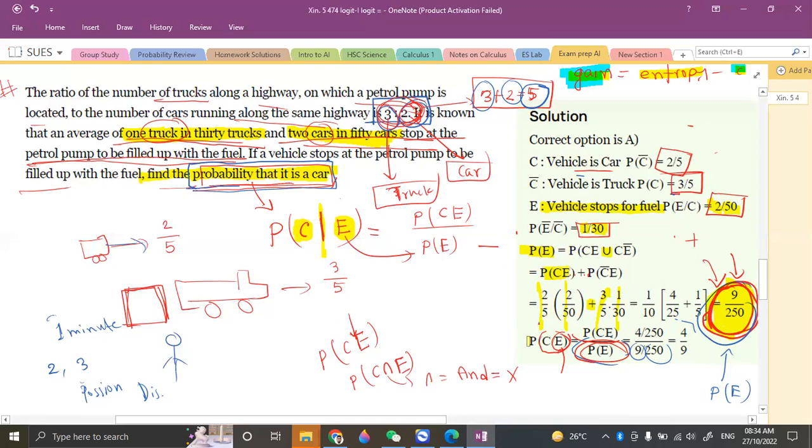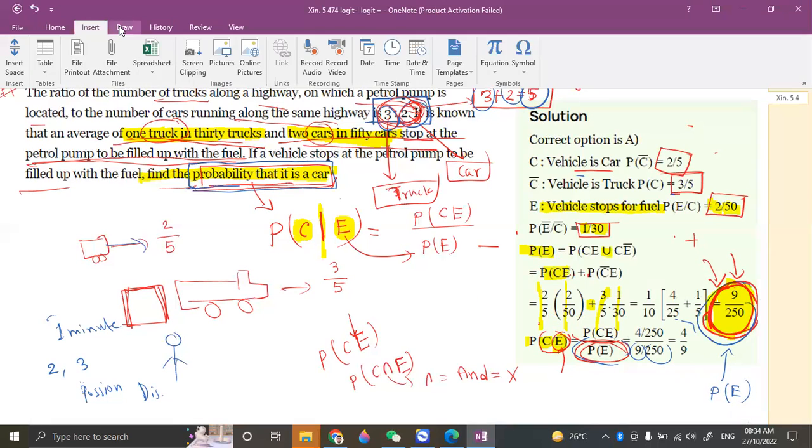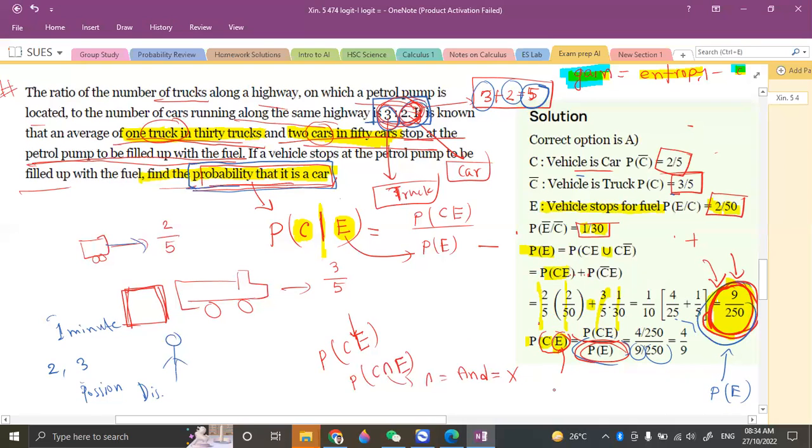And then we have to find the probability that the vehicle is a car given that it needs fuel. Here is the condition: the vehicle needs fuel, and it should be a car. So E, the condition that it needs fuel, is the condition, and we use the conditional probability formula here.